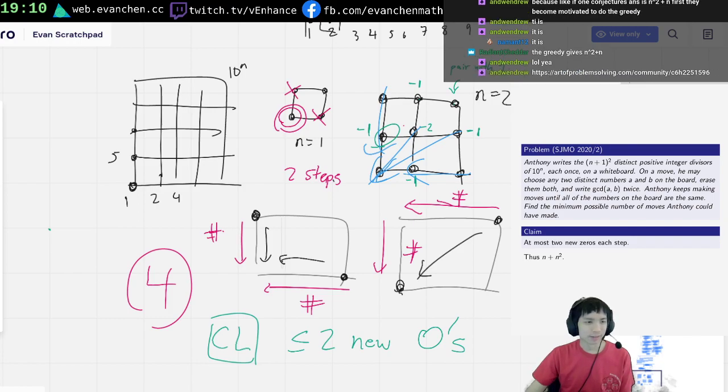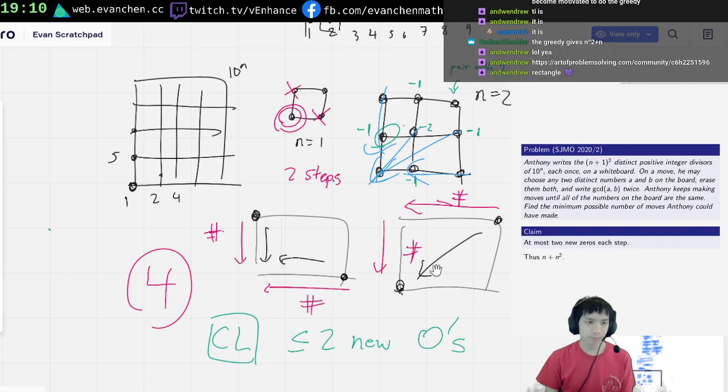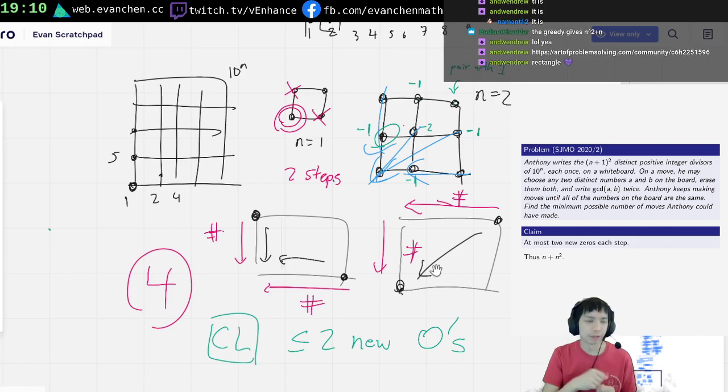I got this picture right away, and the main mistake I made is that I thought the distance mattered when the correct metric was just whether it's 0 or not. And once I realized you want zeros, forget the distance.